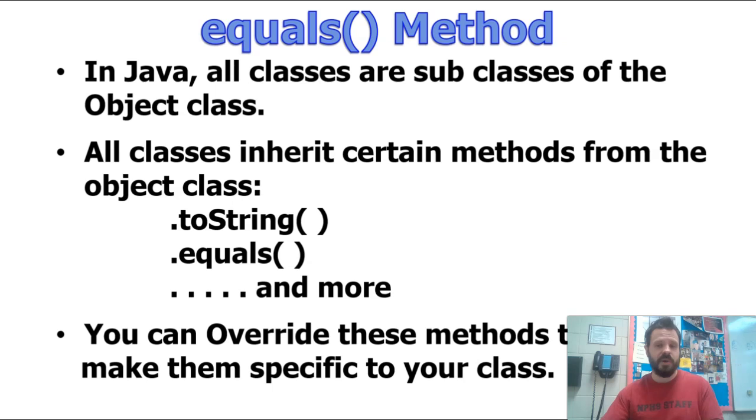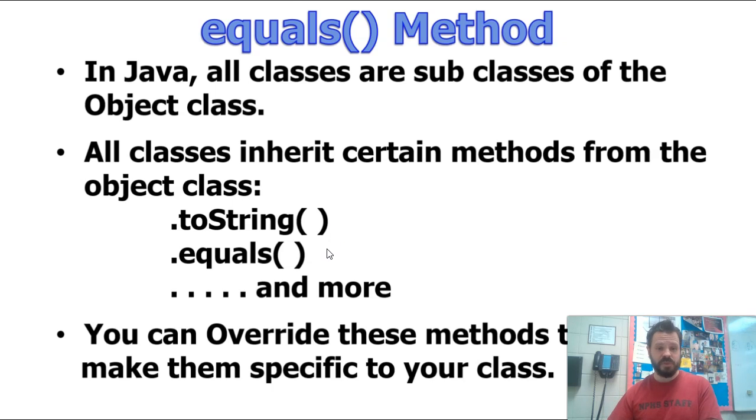Now, we've talked about this idea a little bit. In Java, all classes are subclasses of the master Object class, and all classes inherit certain methods from the Object class. We'll worry more about inheritance in chapter 9 or 10, something like that. But this is the same idea as the toString method. By default, all objects, when I go to print them, are going to print off the address, and we can override the toString method to get it to print the way we want it to print.